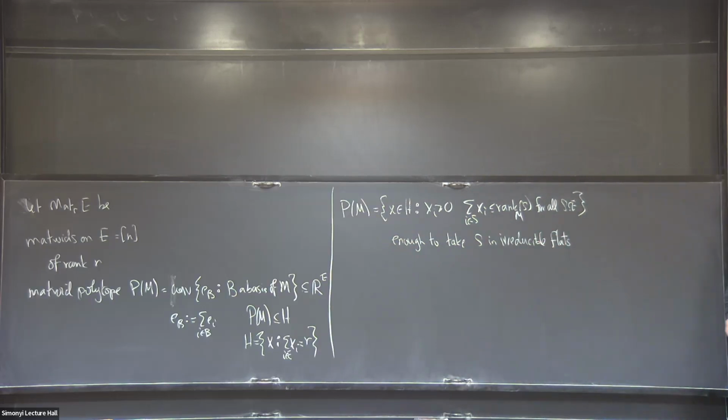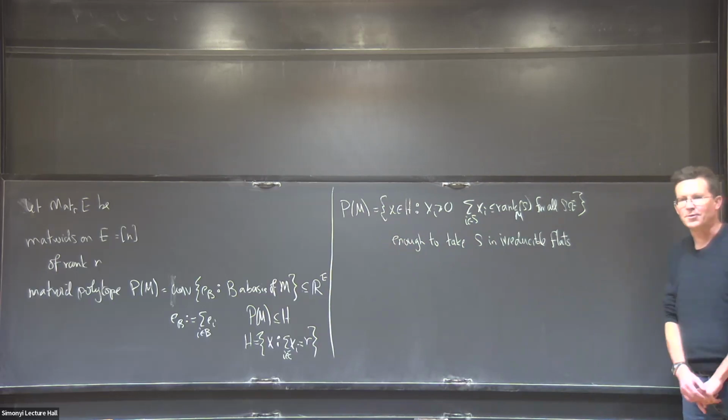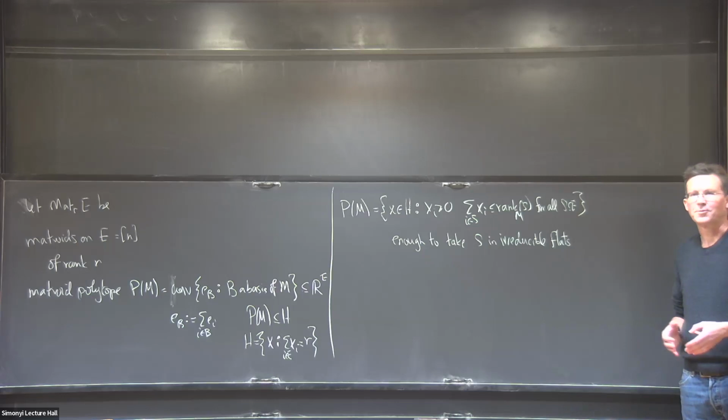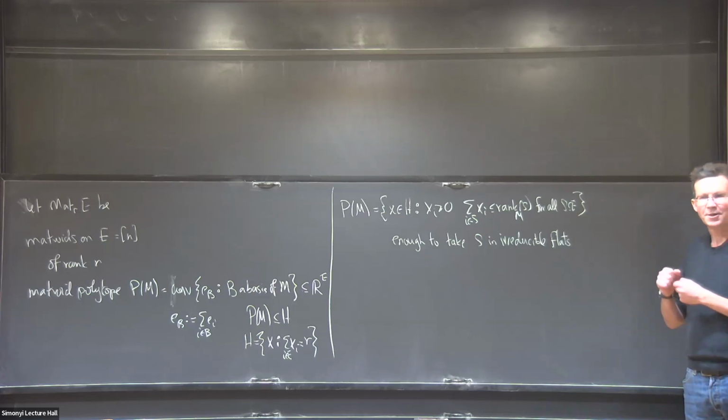And it turns out that you don't need all the 2 to the n subsets, but it's enough to take the irreducible flats. A subset is a flat if it's maximal with respect to rank, and it's irreducible if the matroid you get by restricting to that flat has only one connected component.